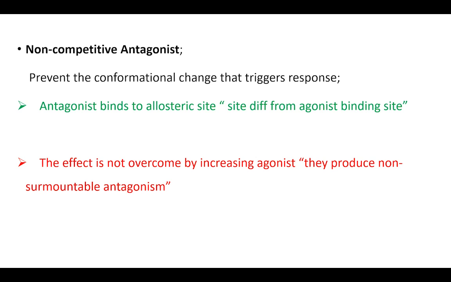For the non-competitive antagonists, they prevent the conformational change that triggers the response. The antagonist binds to the allosteric site, which is a site that is different from the agonist binding site, and it will lead to a conformational change in the receptor, whereby the receptor will no longer fit the agonist.